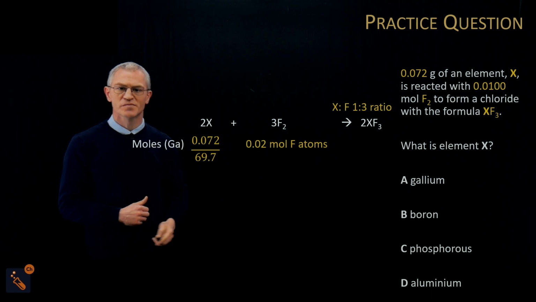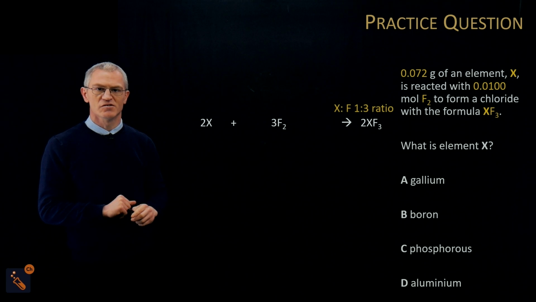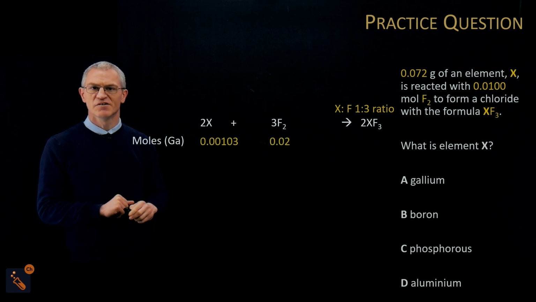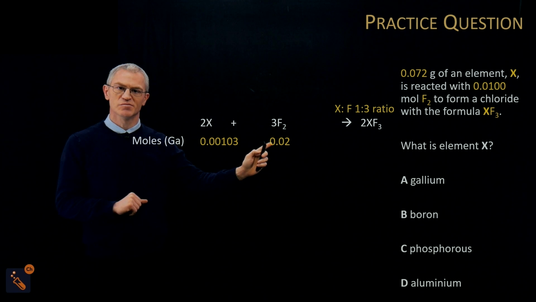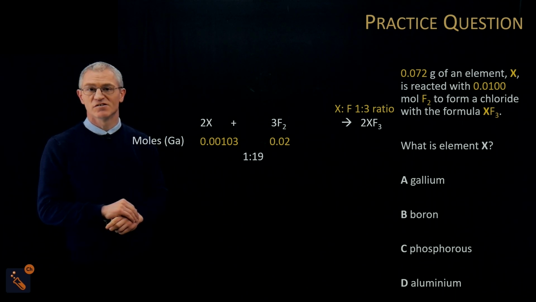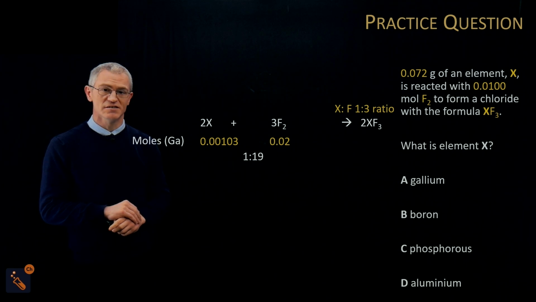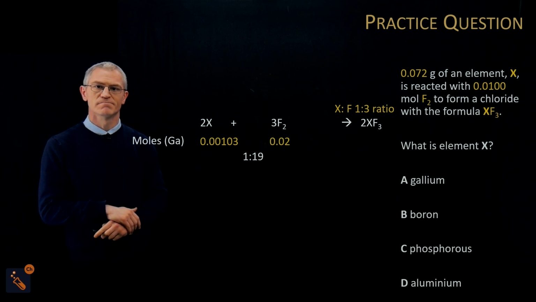We're going to cut ahead and give you all of those answers here. So if we carry on, our moles of gallium, if we did that calculation, would be 0.0103. Remember, we have 0.02 of the fluorine. That is a ratio of 1 to 19. No, 1 to 19 is not 1 to 3, so therefore that cannot be the right answer.